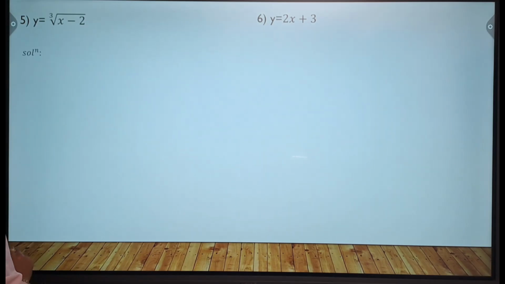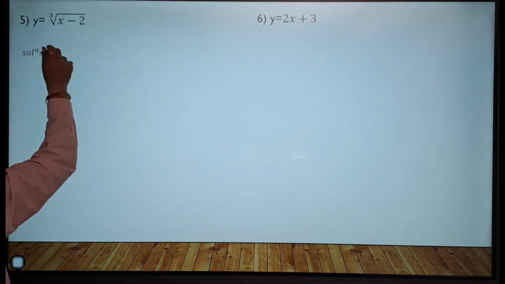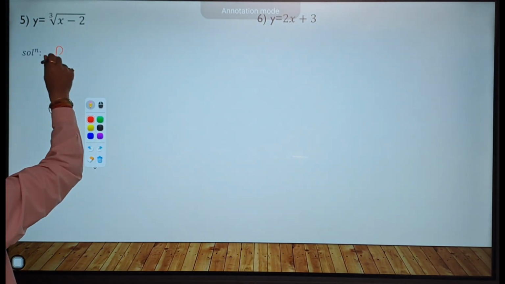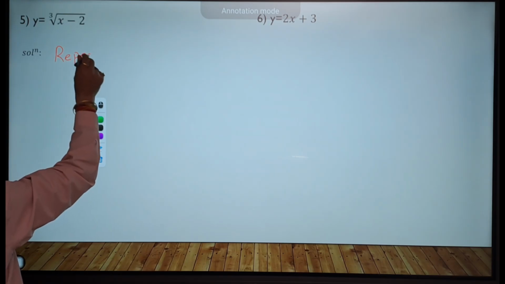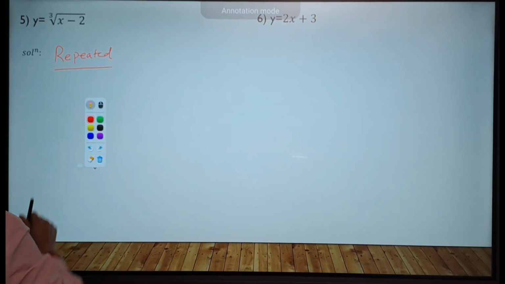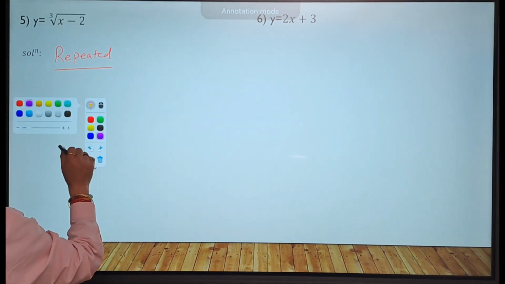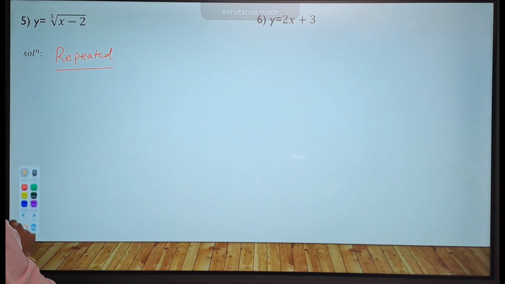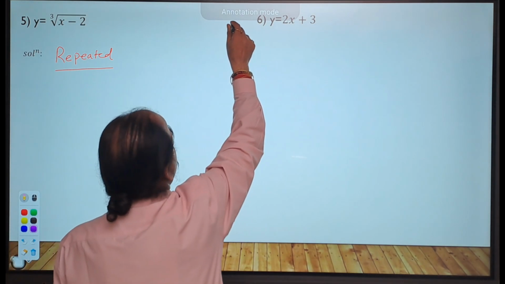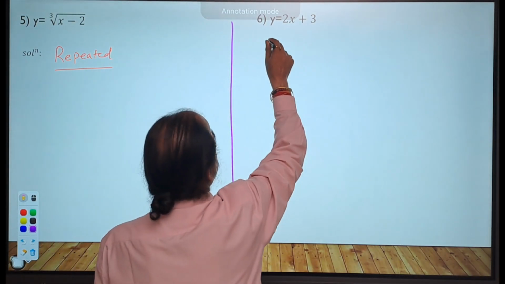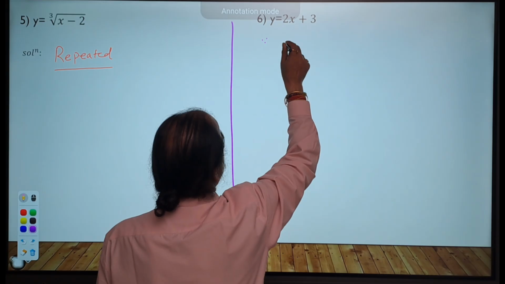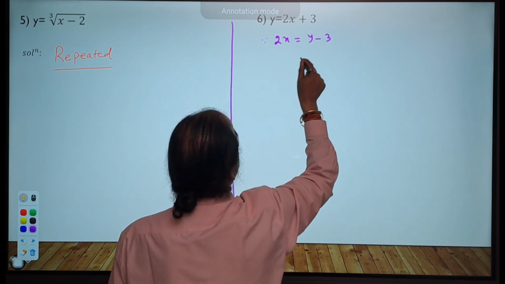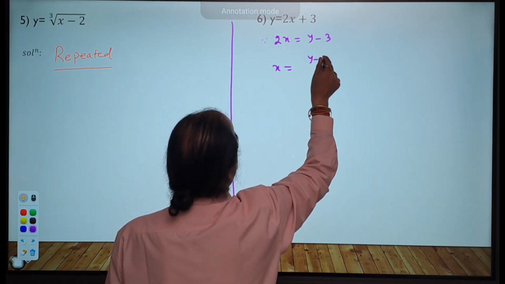Repeat. y is 2x plus 3, therefore 2x is y minus 3, x is y minus 3 upon 2.